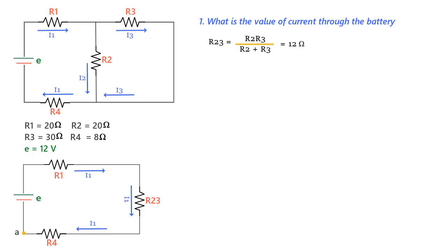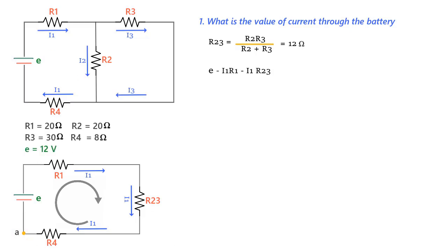So if we apply the loop rule here and move clockwise starting at point A, the equation we get is E minus I1 R1 minus I1 R23 minus I1 R4 is equal to 0, and plugging in the values, we get I1 is equal to 0.3 ampere.